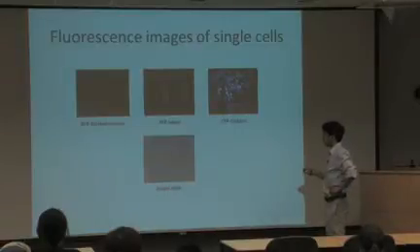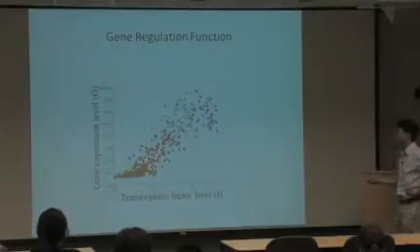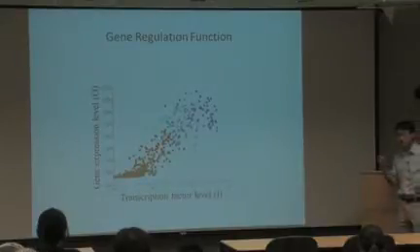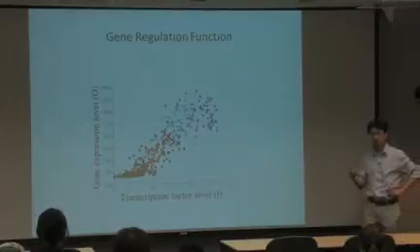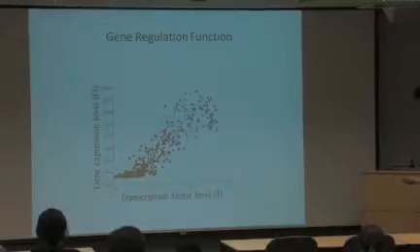So we measure single-cell fluorescence intensities, and we can put them on this scatter plot, gene expression level versus transcription factor input level. Okay? So differently colored points represent cells grown under different doxycycline concentrations, right? So at very low doxycycline concentration, all points are here, and as you increase the doxycycline concentration, you start to accumulate points with higher transcription factor level and gene expression level.